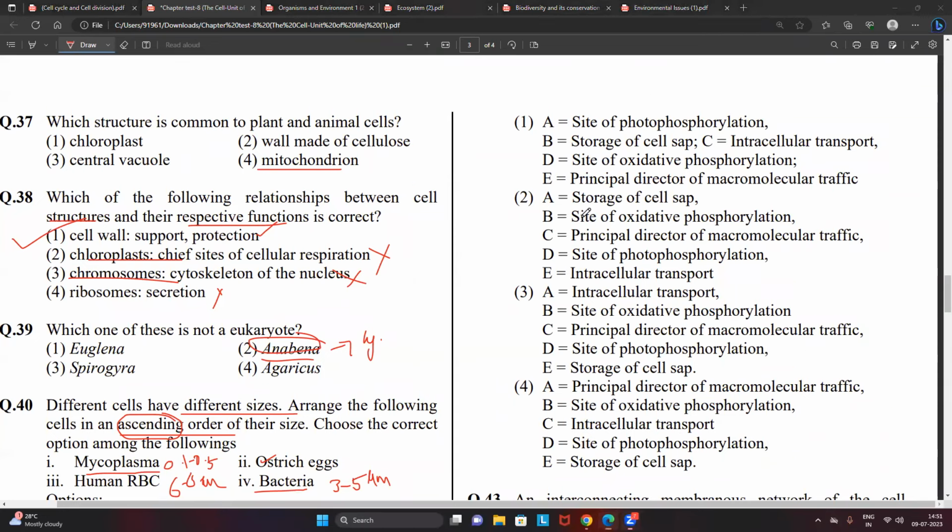Okay, anyone given the answer? Oh, is it 3? What are you reading, friends?